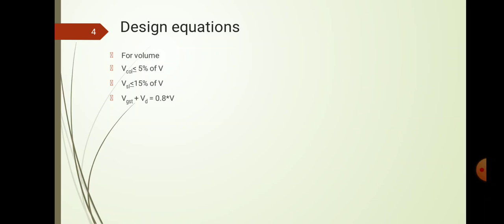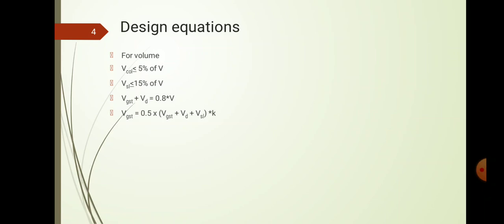So almost 80% of the total volume must be given to gas storage plus digestion. That is the active volume. In a digester, the active volume where these mechanisms happen is only VGST plus VD. The other two volumes, the collection volume and the sludge volume, do not participate in any digestion process.